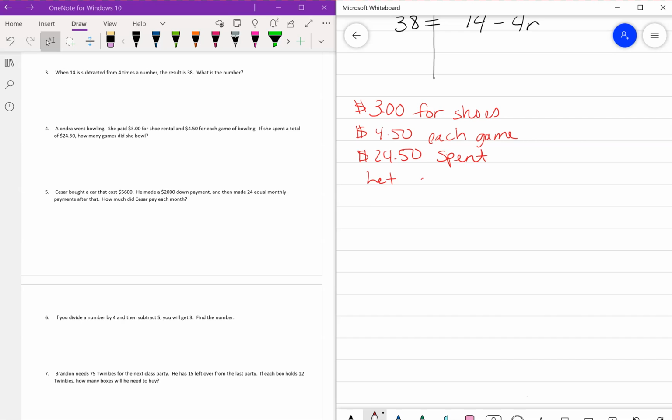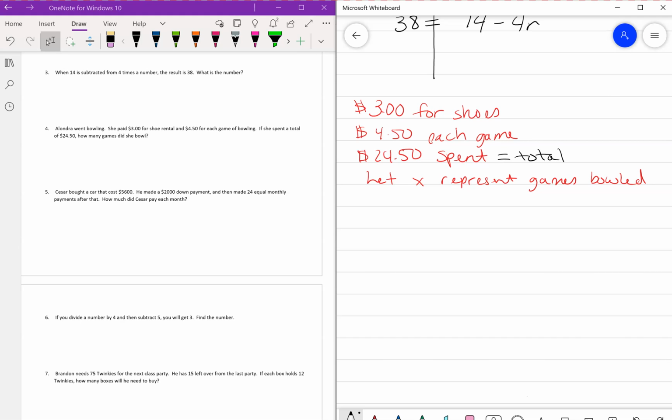So let X represent games bowled. And always try to remember to write all the information you need to. So $24.50 spent, and we know that spent is a total because that's all she had with her.